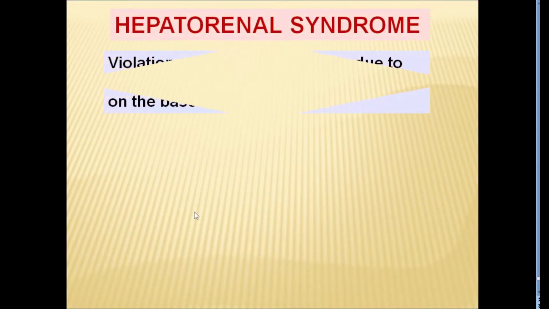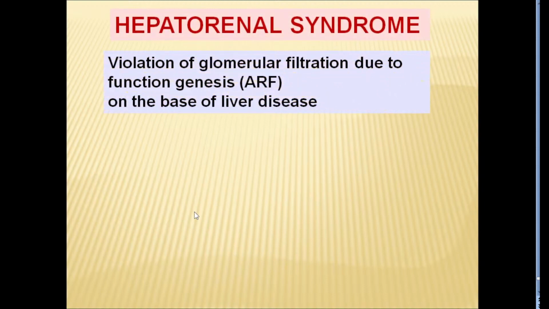And the last question on which I want to stop today is hepatorenal syndrome, involvement of the kidney in the pathological process. It is characterized by violation of glomerular filtration of functional genesis on the basis of liver disease.